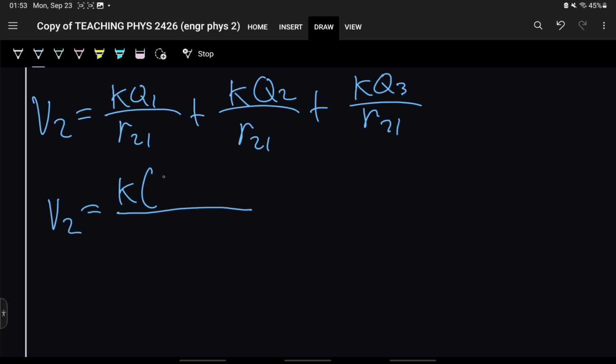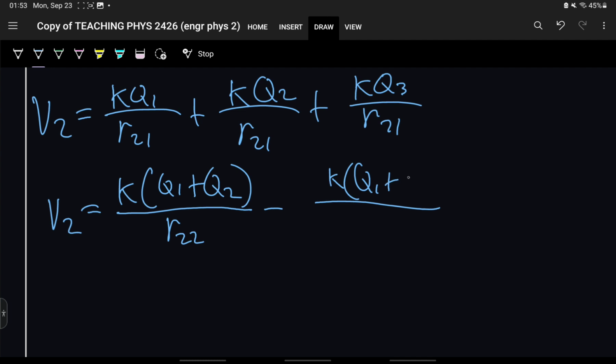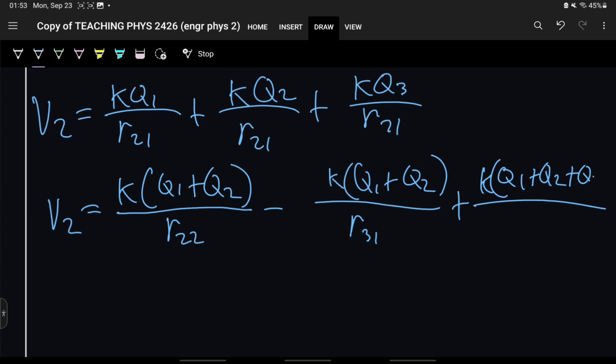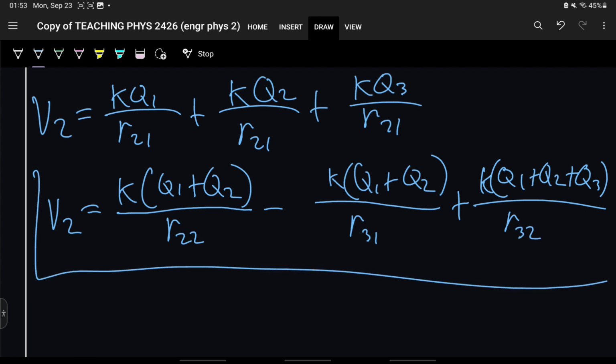V2 equals K times (Q1 plus Q2) all divided by R2,2, minus K times (Q1 plus Q2) all divided by R3,1, plus K times (Q1 plus Q2 plus Q3) all divided by R3,2. And this was the answer I believe was correct in Snape Physics, and I hope this helped.